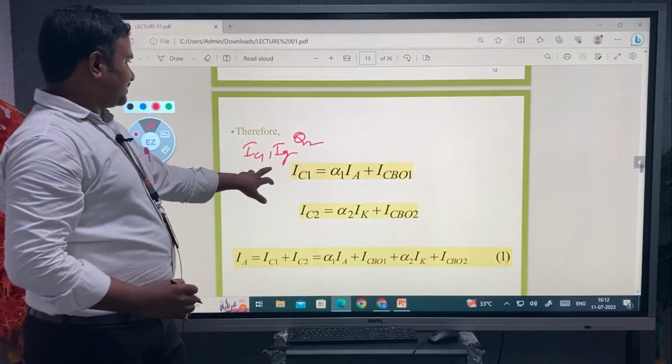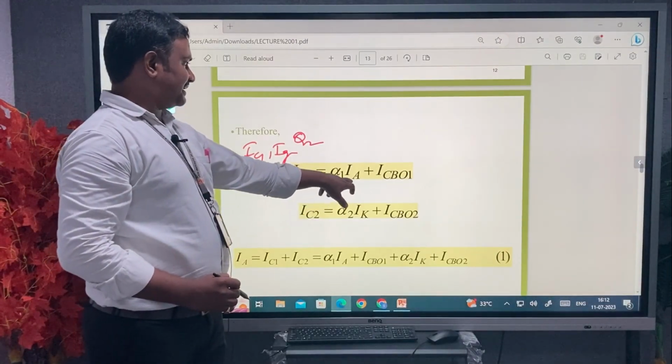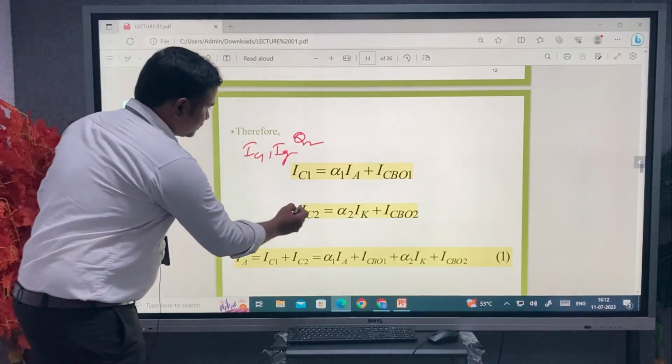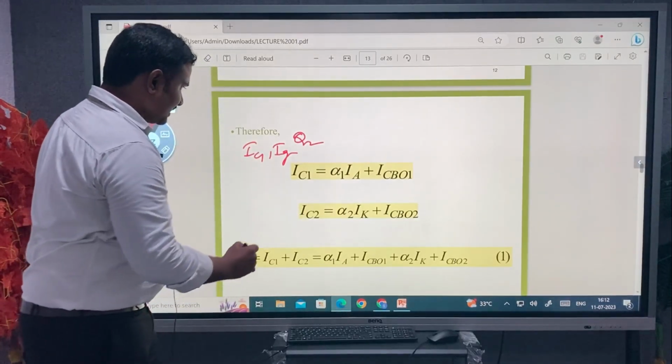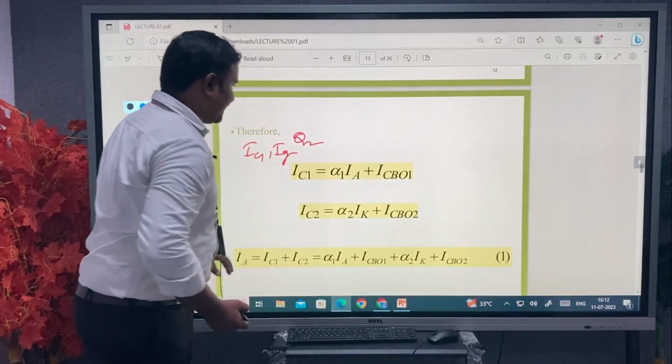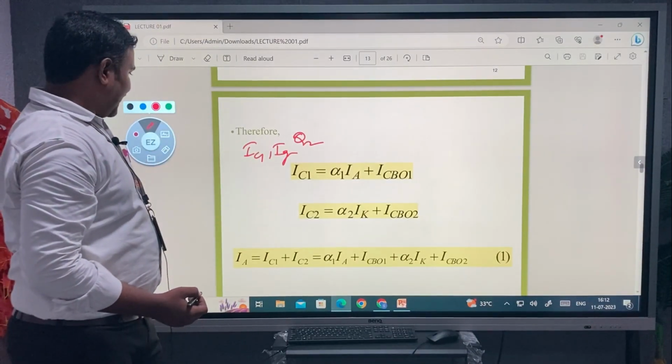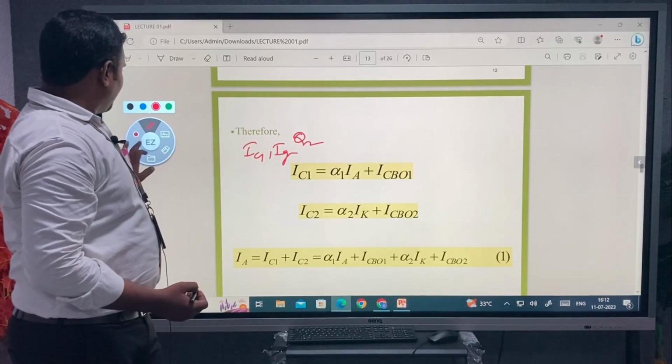So you can take IC1 as IC1 is equal to alpha 1 IA plus ICBO1. Similarly IC2, this is the collector current of Q2, that is alpha 2 into IK plus ICBO2. So from this we can say the anode current is the combination of these two.